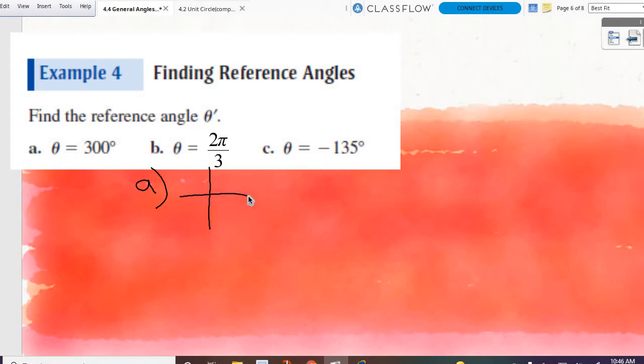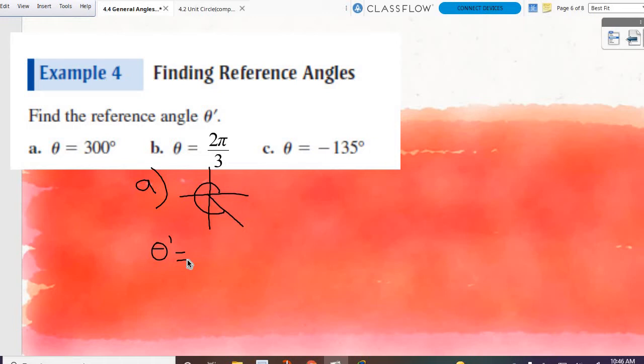So where is 300 degrees? How do I know that it's not in my third? Remember that my negative y-axis is 270, and we know that this is larger than 270, so that's where our angle would be. So what did we say we want to do then?